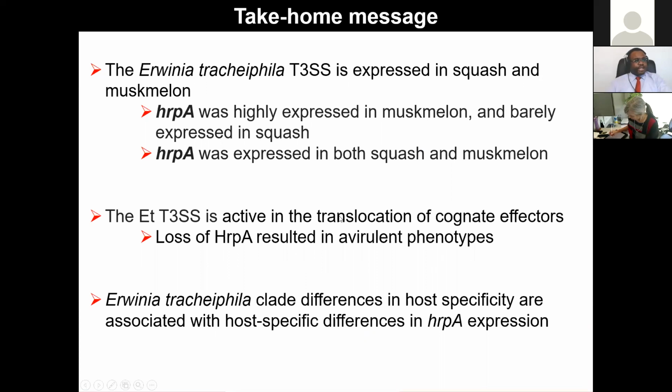So the take-home message is that the tracheiphila type III secretion system is expressed in squash and also in muskmelon, and it is active in the translocation of the cognate effectors. Also, tracheiphila clade differences in host specificity are associated with host-specific virulence differences in ErpA expression.